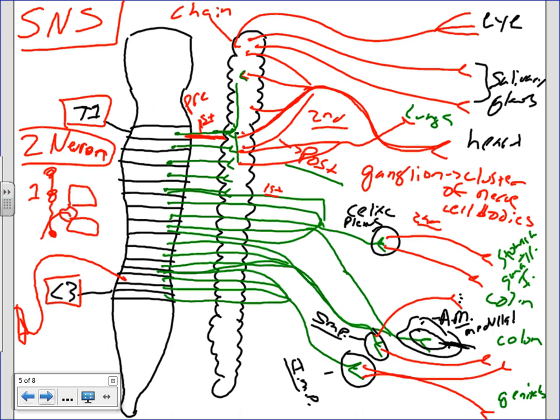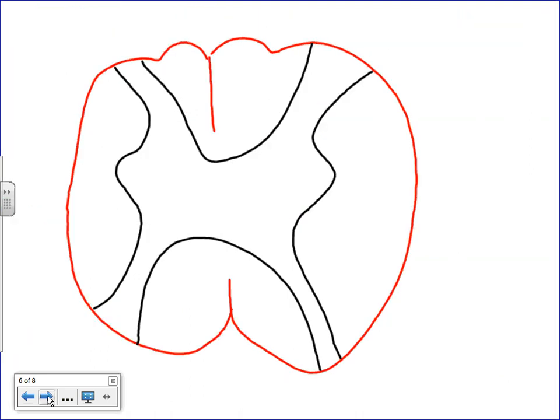Now, one thing I wanted to mention that's a little different about the thoracic spinal cord. The region of the spinal cord that passes down the thoracic vertebrae has these lateral bulges, or what we call lateral horns. Remember, this is gray matter in here, and this is all white matter surrounding the gray matter.